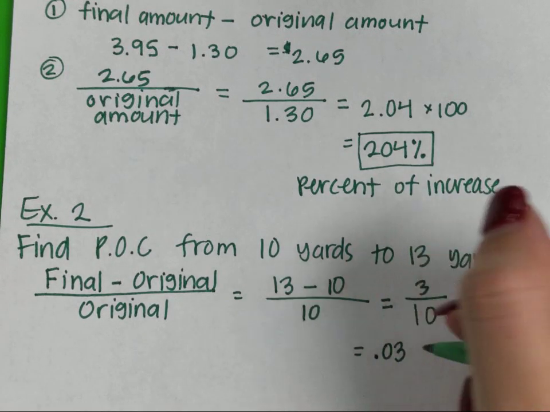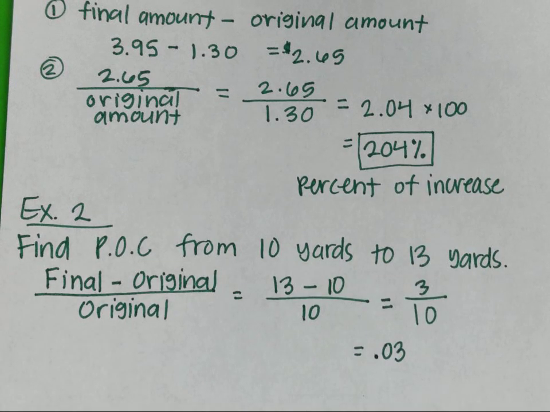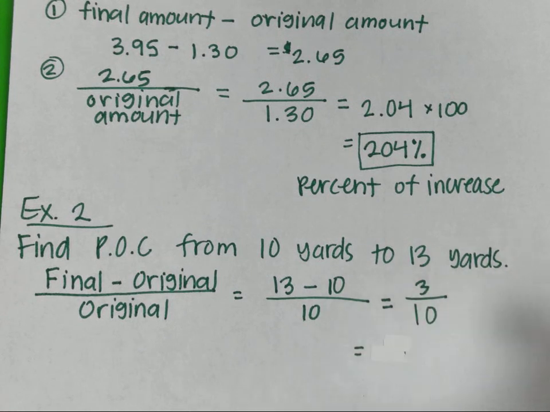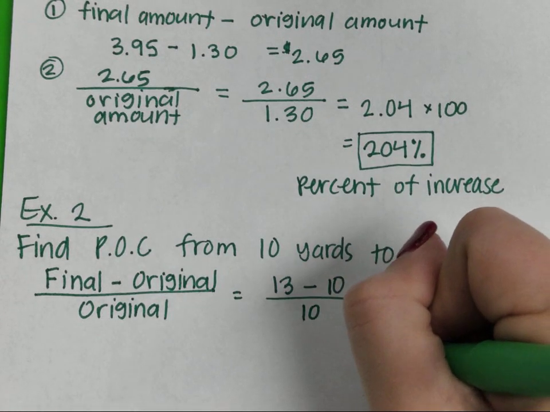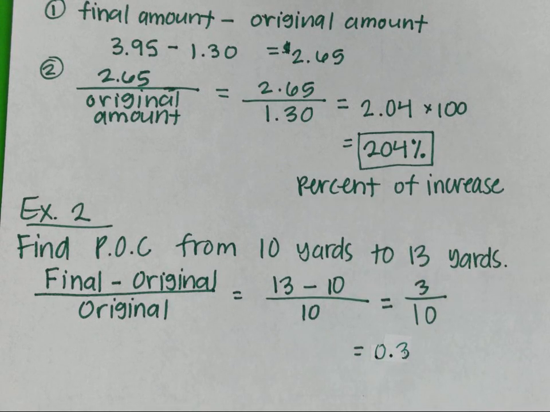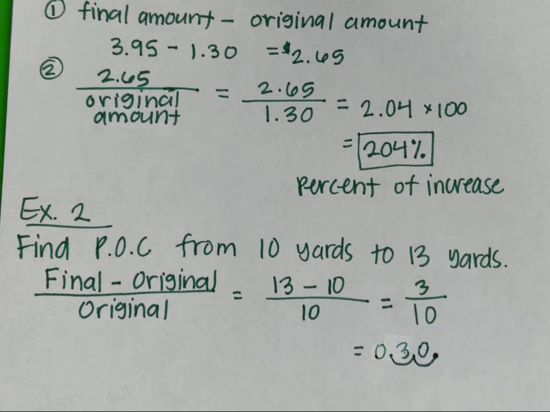Oh, sorry, I put my 0.03. Get my white out. .3. Okay. But am I finished? No, because that's a decimal and I need to change it into a percent. So like Faith said, I can either move that decimal over 2 places, which means I would have to add another 0 right there.